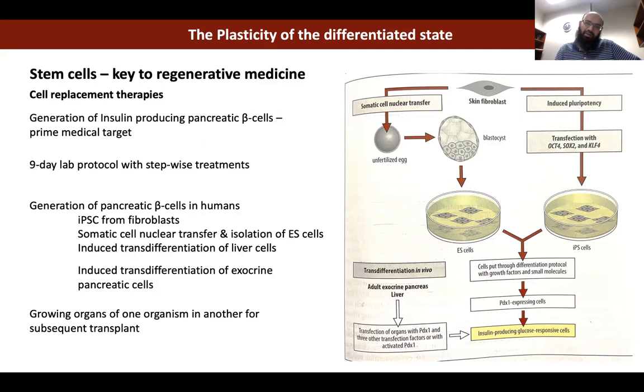Yeah, so the ideal approach, I would say, for cell replacement therapy is organoids. But then again, where would you get the stem cells for organoids? That's another debate. So all these different cell replacement therapies have their pluses and minuses, their advantages and disadvantages, and people are continuously working on them.